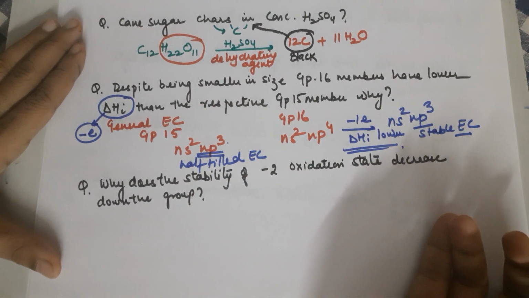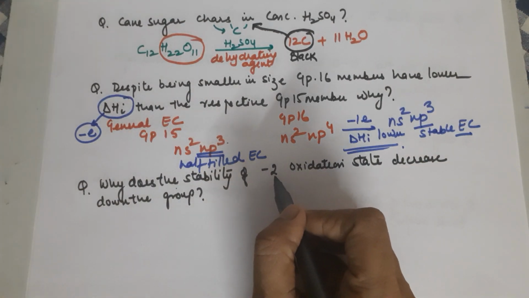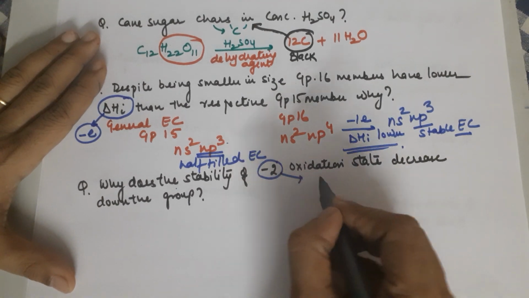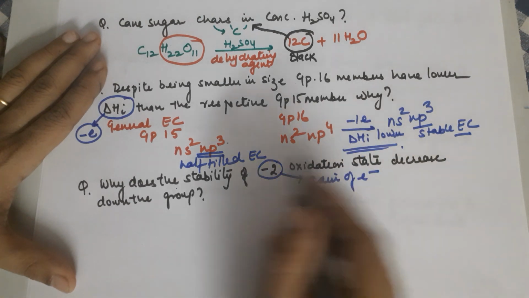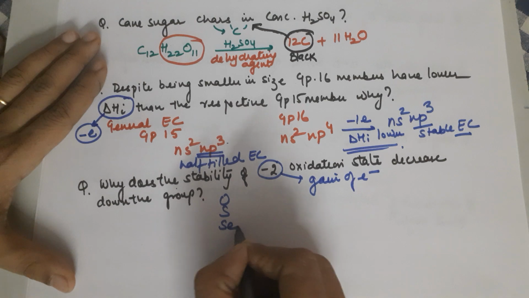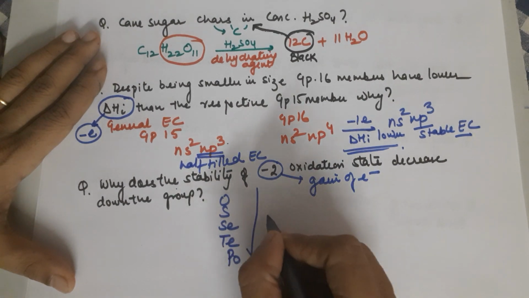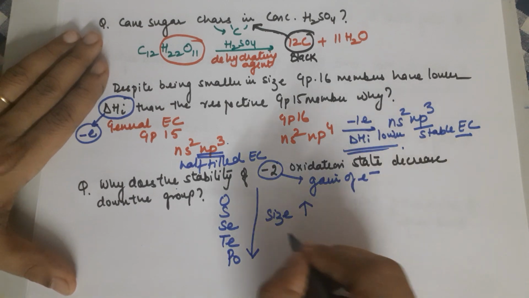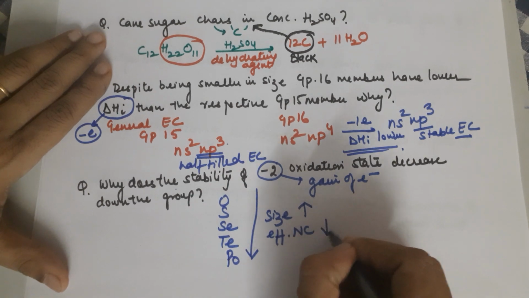Fine. Moving ahead, why does the stability of the -2 oxidation state, -2 meaning gain of electrons, decrease down the group? As you very well know, oxygen, sulfur, selenium, tellurium, polonium. On moving down the group, the size increases. Therefore, the effective nuclear charge decreases.